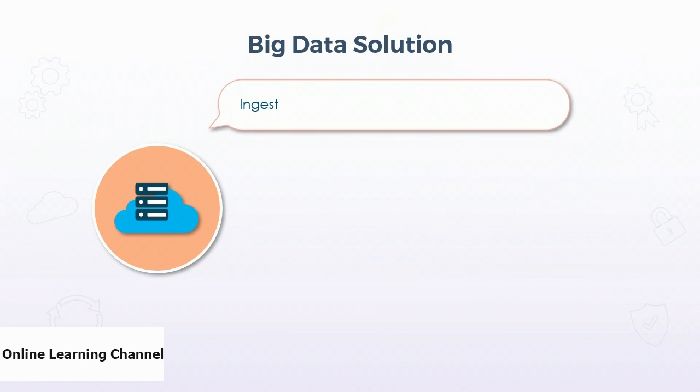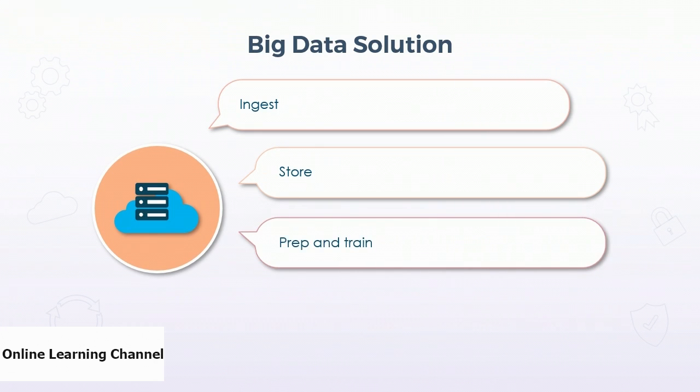The ingested data is stored in a big data store. Azure Data Lake is an example of a big data store, as is Azure Blob Storage. The data is then prepped and trained. This means preparing the raw data for analysis, and it can be done by any number of services, such as Hadoop or Azure's machine learning algorithms. This is when Synapse Analytics comes in.